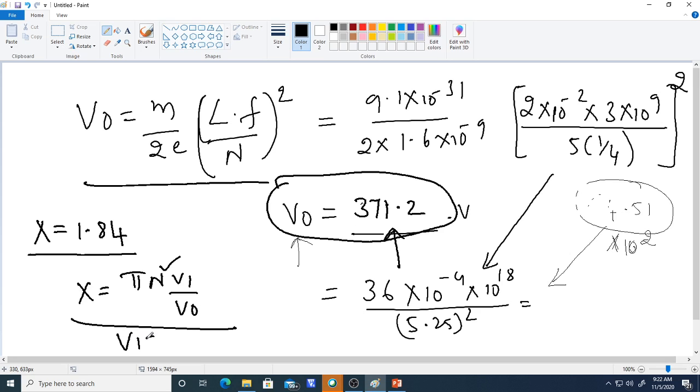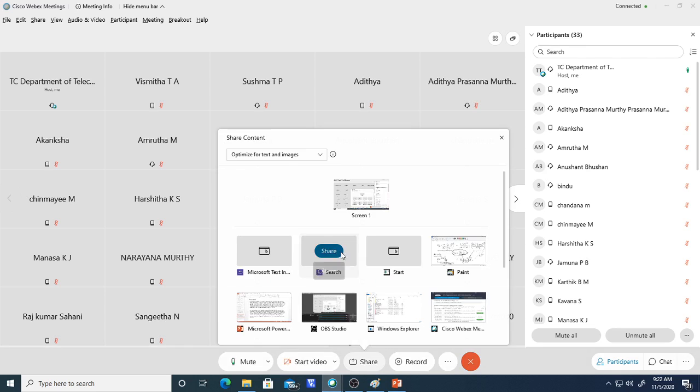Now V1 is given by x V0 divided by pi into n. So what is the value of V1?